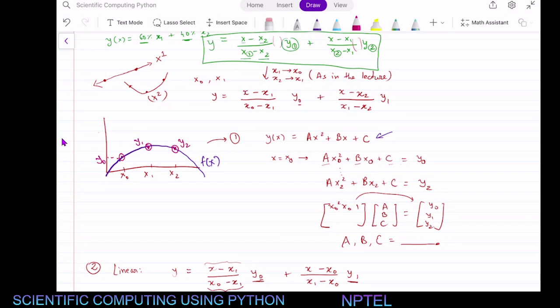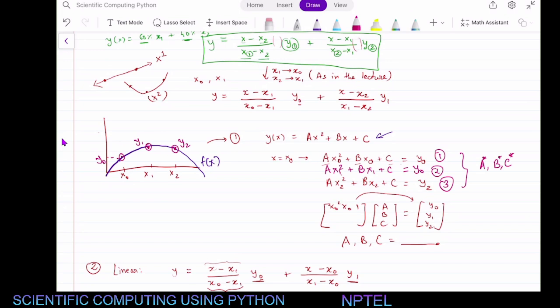So we have three equations. One is for y1: a x1 squared plus b x1 plus c is equal to y1, and so on for y0 and y2. And we have three unknowns, a, b, c. So generally we should be able to find this a star, b star, c star, which solve these equations simultaneously, right?